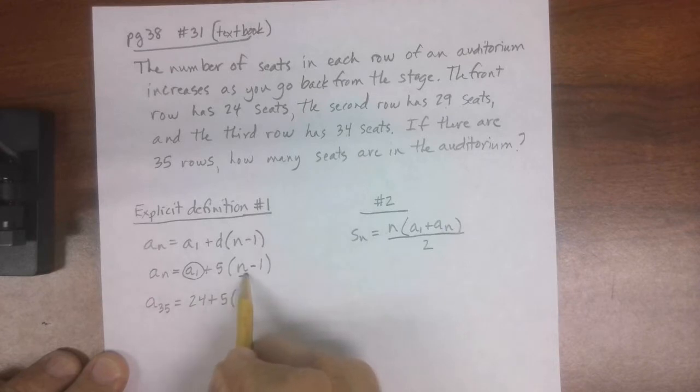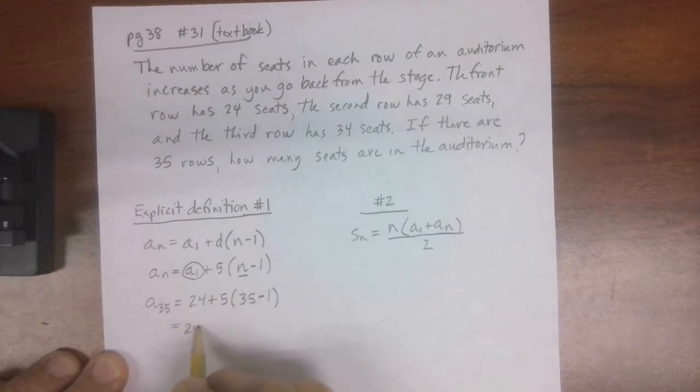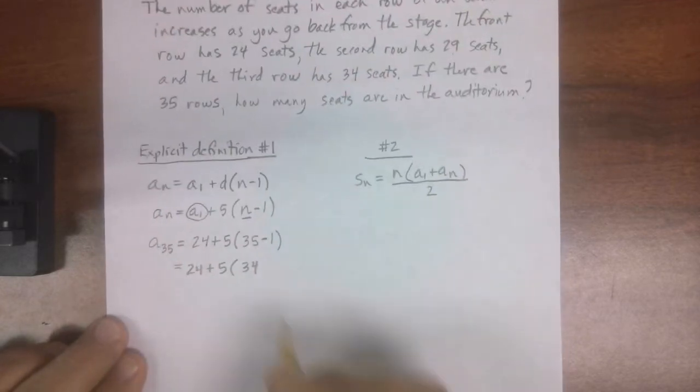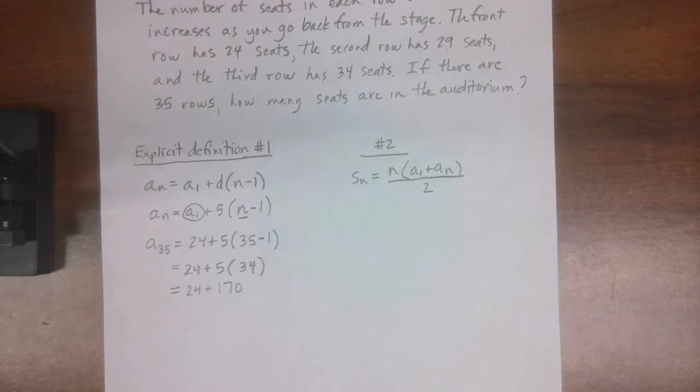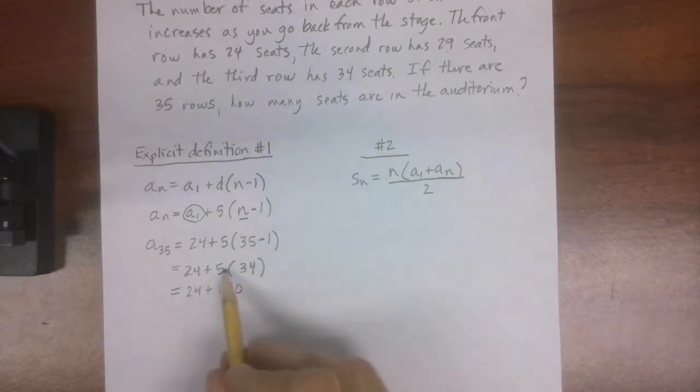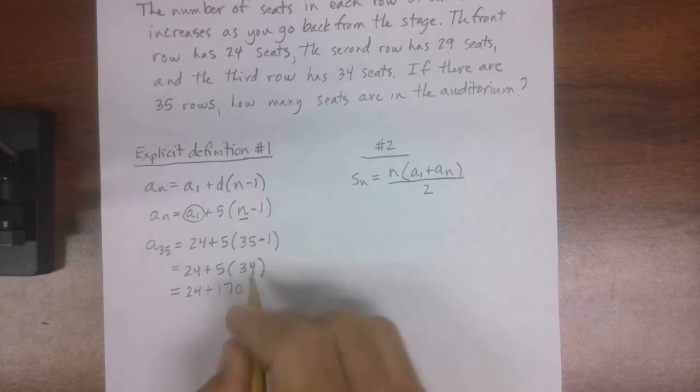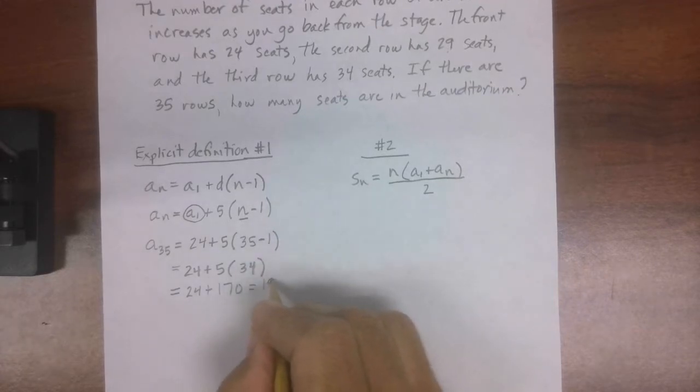We're concerned about the 35th row. I'm going to have to get a calculator out here, but I'm going to get 24 plus 5 times 34. Now let me calculate this using a calculator. I just multiplied 5 times 34, got 170, and that adds up to 194.